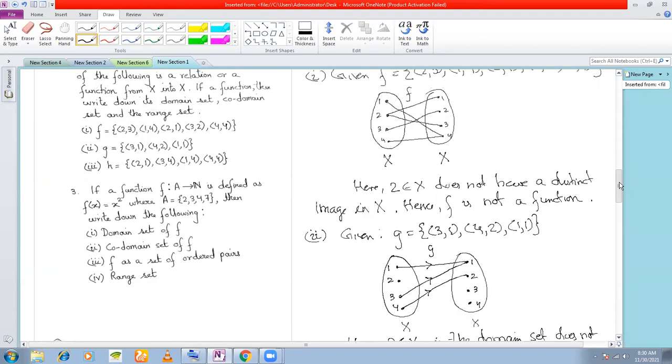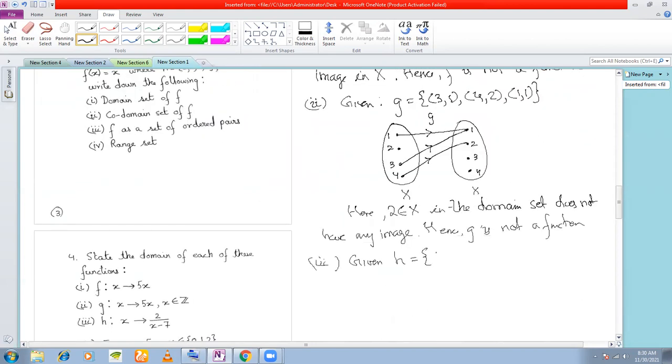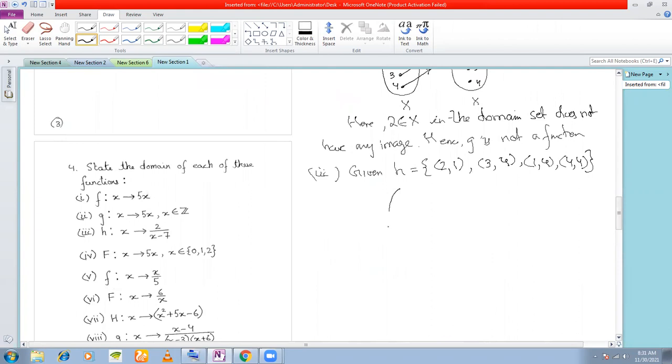Look at the third one. Given here, H is equal to (2, 1), (3, 4), (1, 4), and (4, 4). Try to map the elements here again.